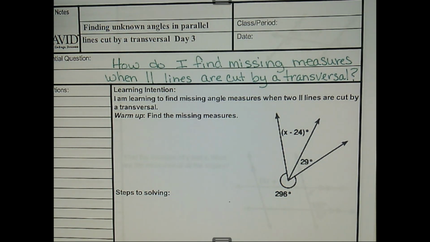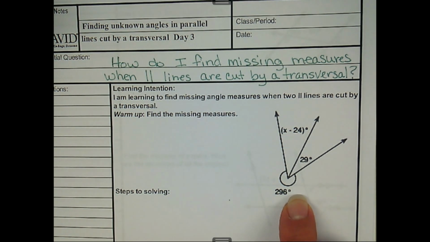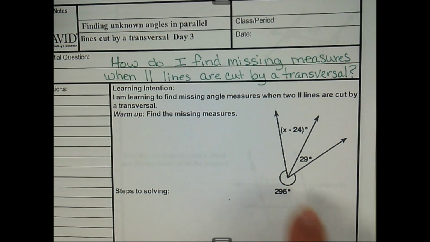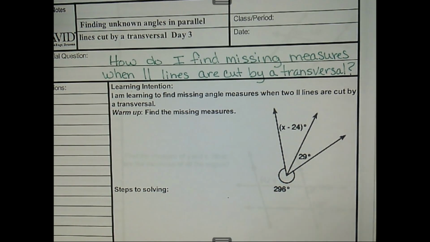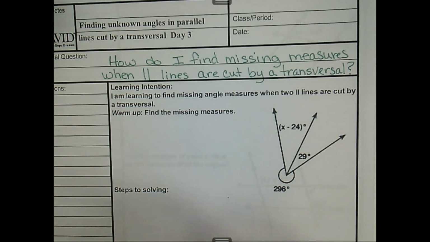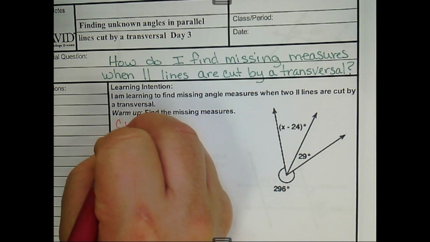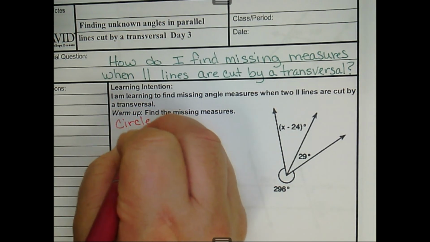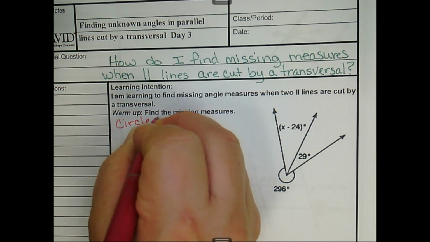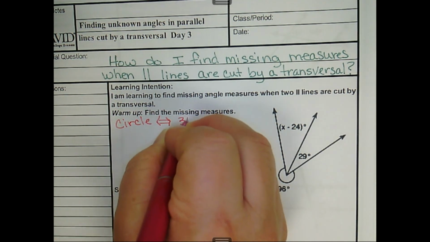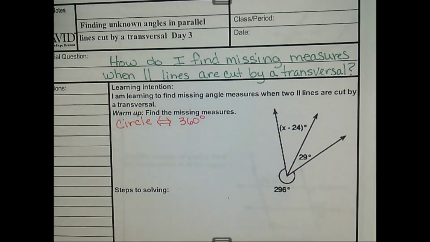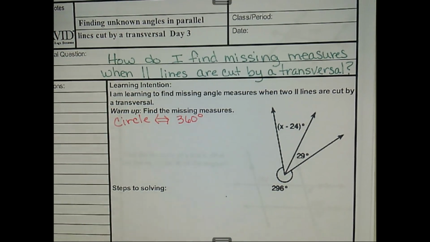So, as you're looking at it, what do you see and how do you use that information? You see a circle. So I know I have a circle. What do I know about a circle? It has 360 degrees. So that is the basis for the next thing that I do to find x.